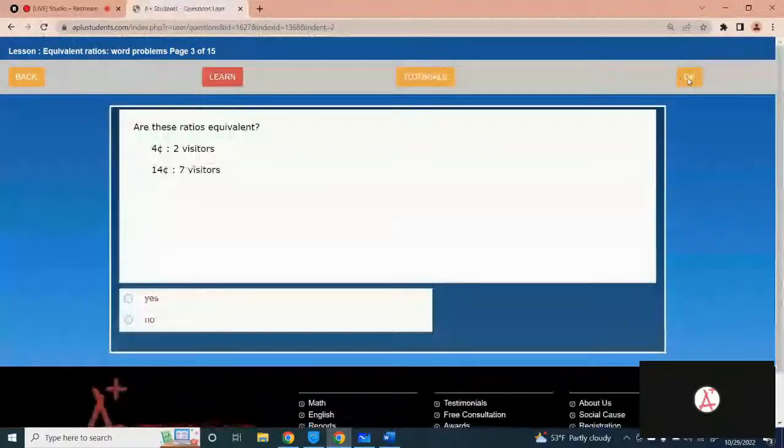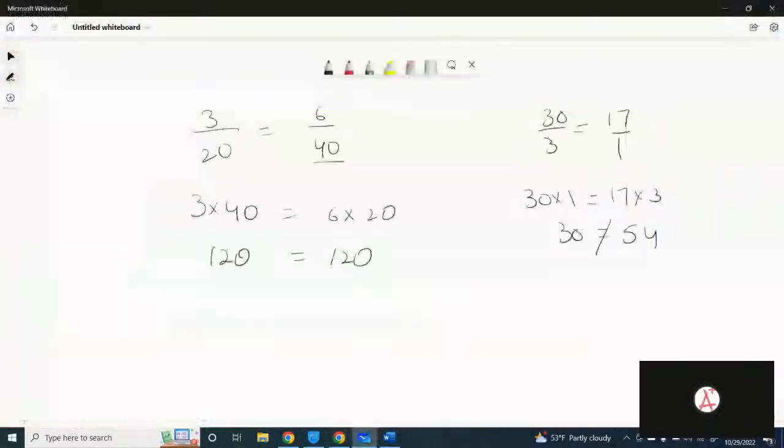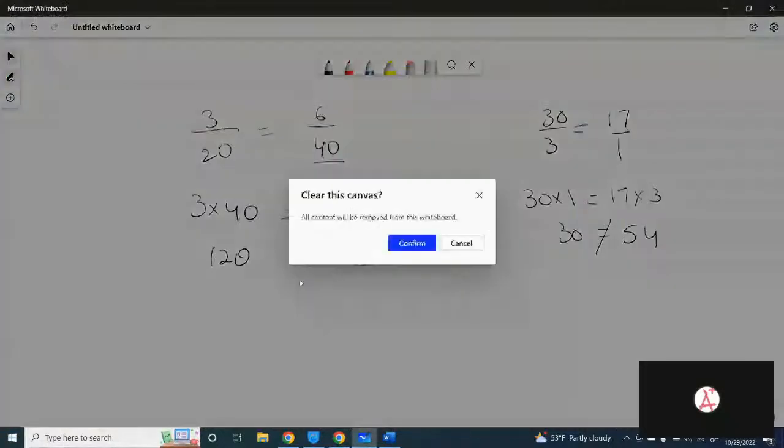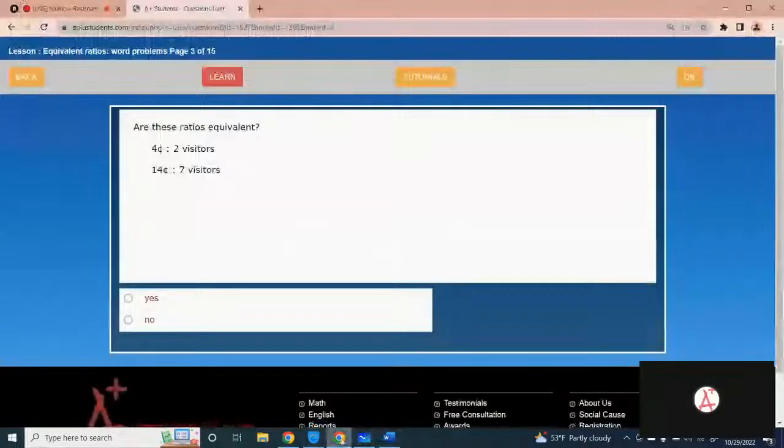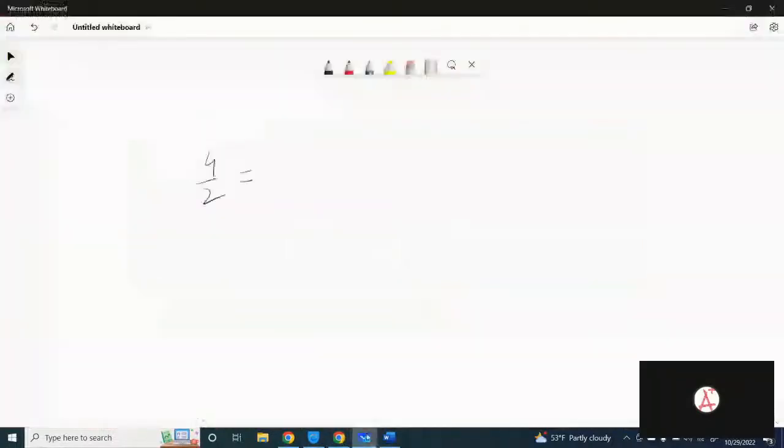Okay, the next one is, are these ratios equivalent? 4 cents to 2 visitors and 14 cents to 7 visitors. So they are 4 over 2 and 14 over 7.